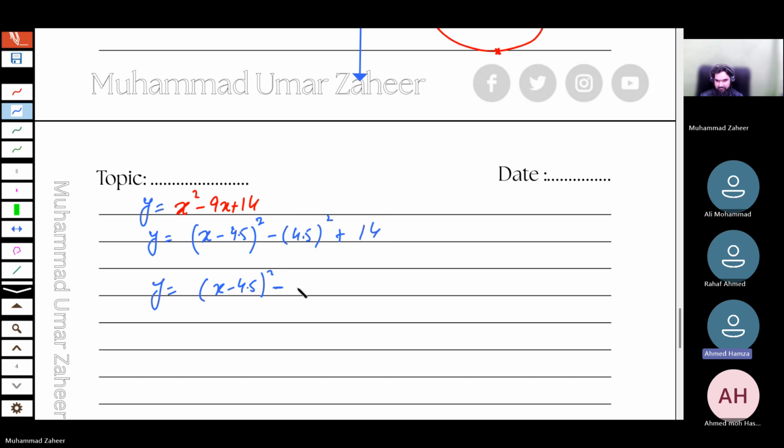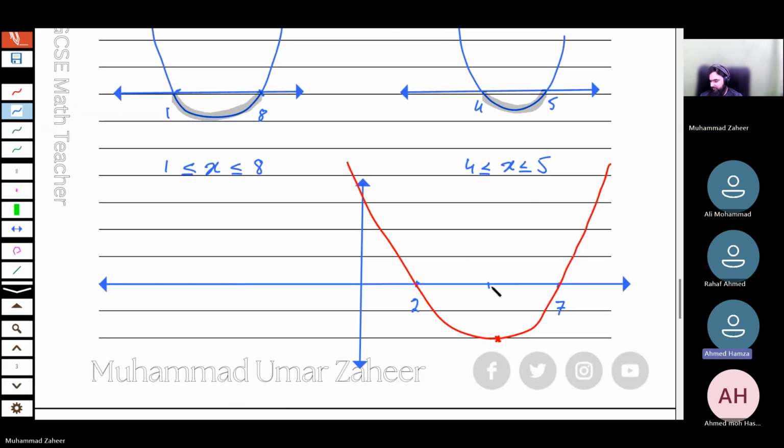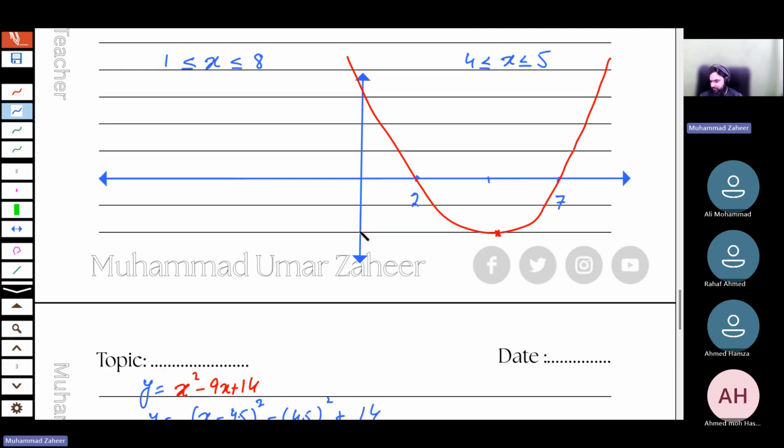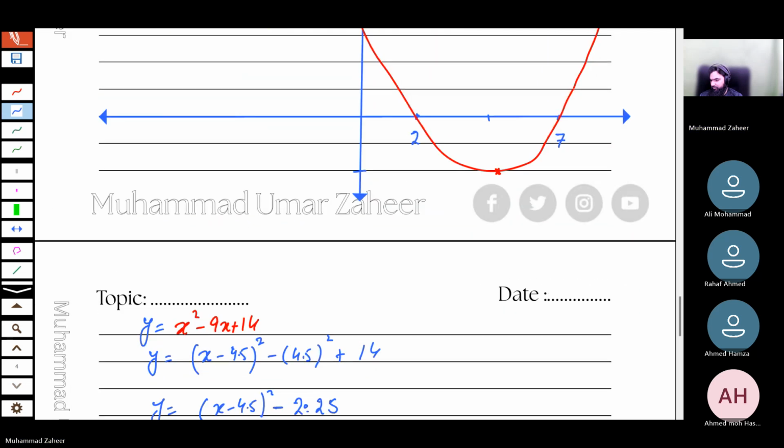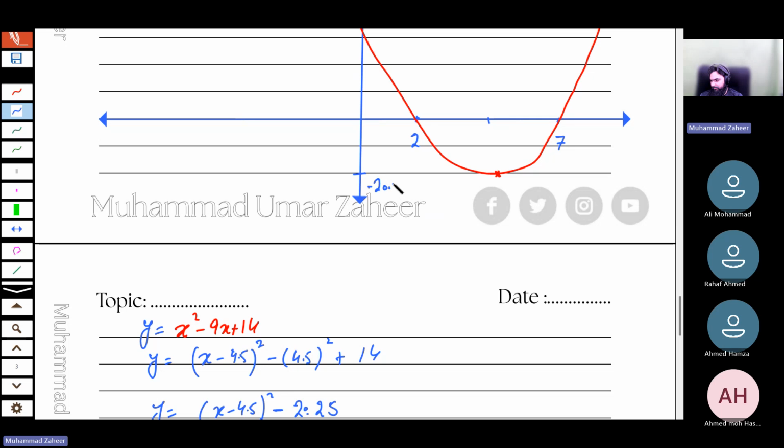So the turning point will be 4.5 and minus 20.25. So here this value is going to be minus 20.25.